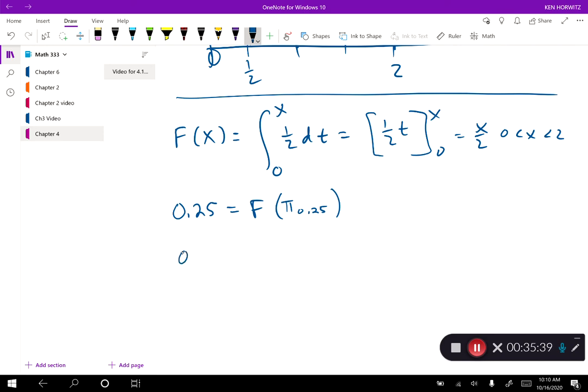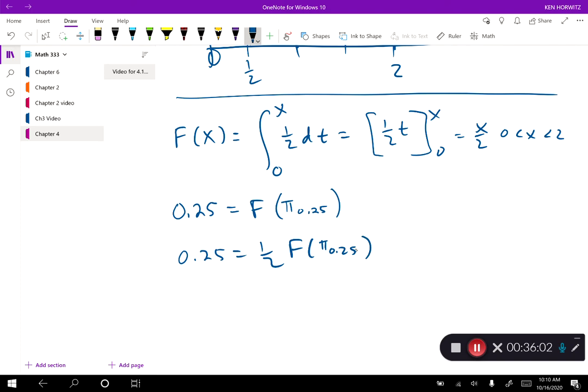Our function says 0.25 equals, right, and our function is 1/2 F of pi of 0.25.